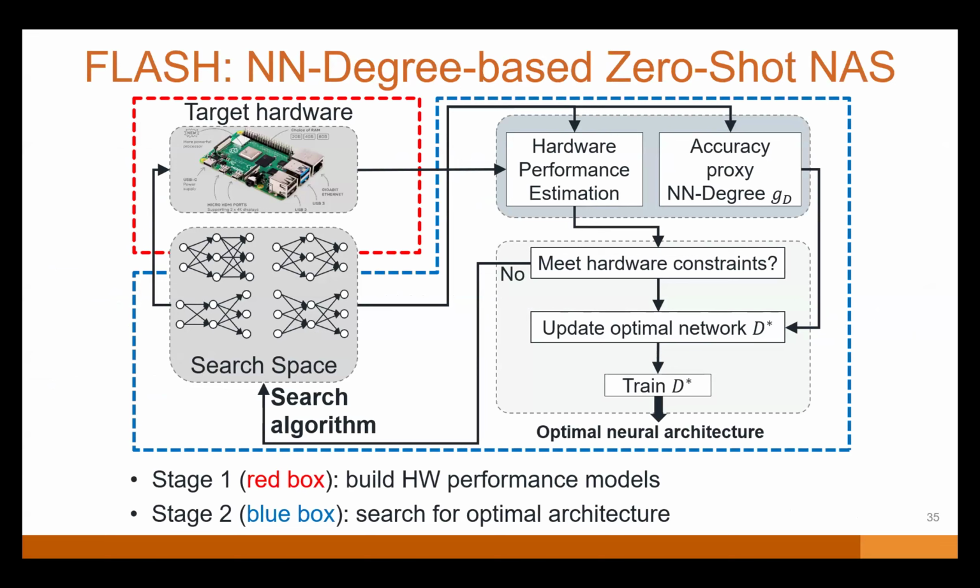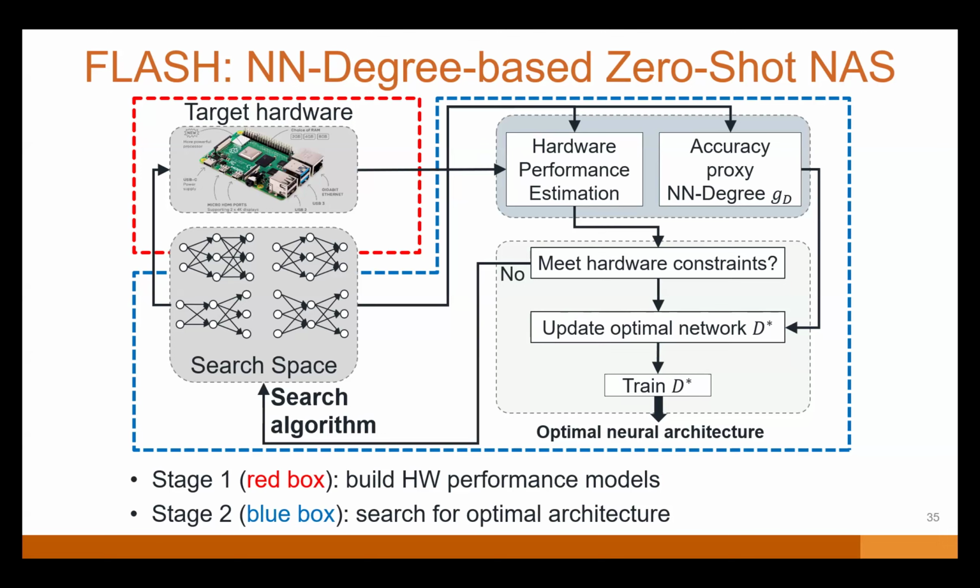How do you connect? I'm going to show you just one connection, which takes the very last one that I mentioned, meaning the NN degree, which looks like nothing you have probably seen before, but can be used in a very concrete framework that consists of two steps, one in red, which is about building hardware performance models for a given architecture.